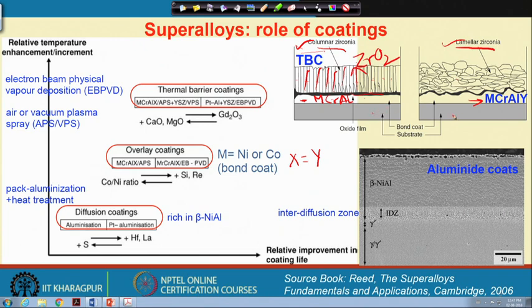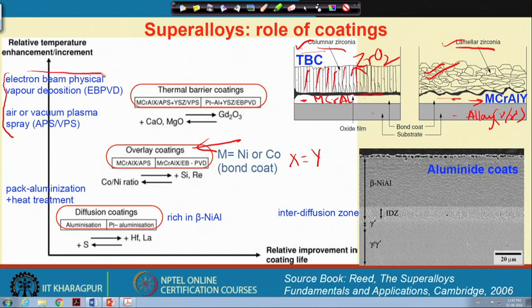So, here is the substrate. A substrate basically means the alloy, let us say, which is made of gamma and gamma prime phase, and on top of it we can give an overlay coating, and on top of that we will go for some sort of thermal barrier coating. Here, in blue color, I show you the different techniques that are available for preparing this kind of coating.